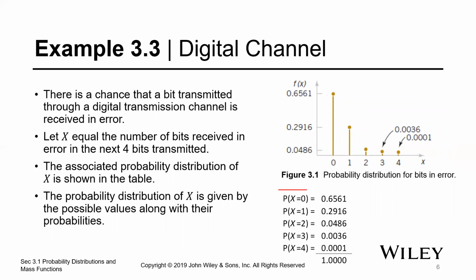So here is that X, and here is the chance of errors in each of them. At X equals 0, you have 1; 2, about a 5%; 3, a little less than 0.5%; and 4 is 0.0001%. Just a way we can describe it.